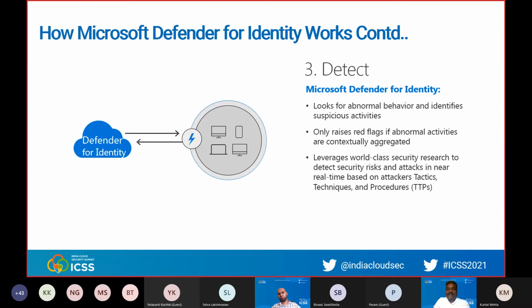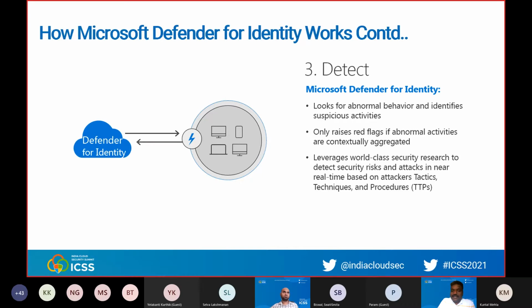Once it detects, a lot of things happen in the background, because Defender for Identity provides invaluable insights not only about identity configuration but also about best practices, through reports and user profile analytics. And since it is the Azure ATP service, it helps in reducing the organizational attack surface. So a lot of things are associated with that.